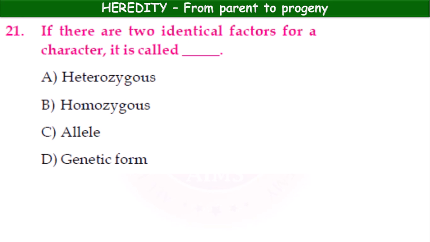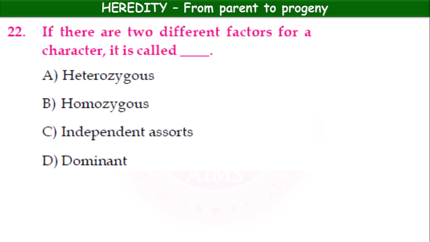Option A. If there are two identical factors for a character, it is called heterozygous, homozygous, allele, genetic form. It is a homozygous, two identical characters. Such characters are called homozygous.